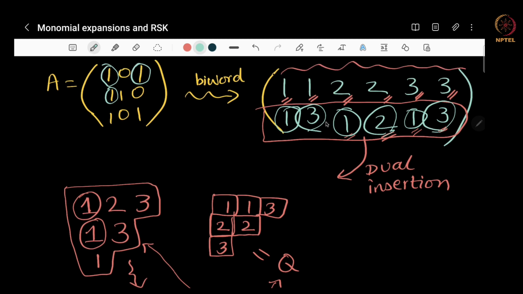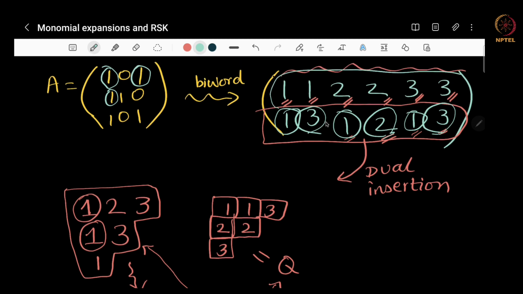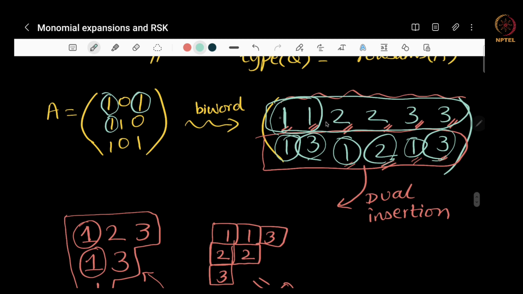Now the entries in Q were the entries similarly of the top row of this biword. Okay, so if you see how many 1s will I get in Q, well, that is just telling me, you know, the top row, remember, was keeping track of the row coordinates. The 1 1 that you're seeing here keeps track of the fact that there are 2 1s in the first row. Okay, so the row sums, the sum of the 1s in the first row just tells me how many 1s I'm going to get.